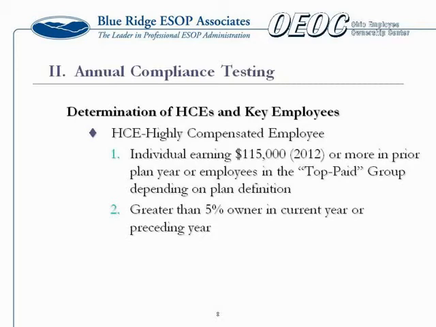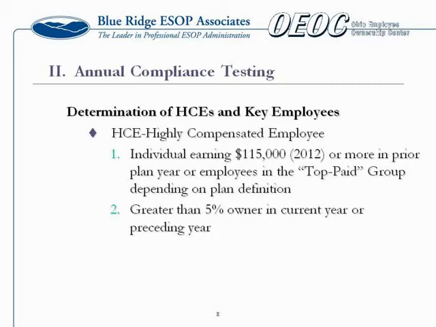This can be beneficial to some clients if they're having some failures. Really, this definition helps frame the 410B coverage test that I'm going to talk about in a few moments. That's specific to your ESOP.